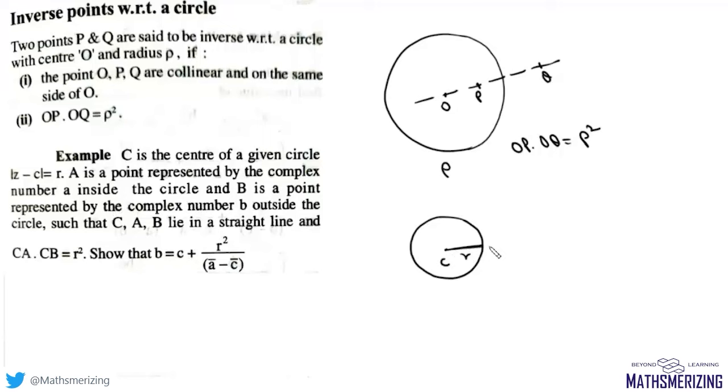So we have 2 points A and B. One of them lies inside the circle and is represented by a, and the other is represented by b. And it says CA into CB is equal to R square. That means A and B are inverse points with respect to each other. Now we need to show that b equals c plus R square upon a bar minus c bar.